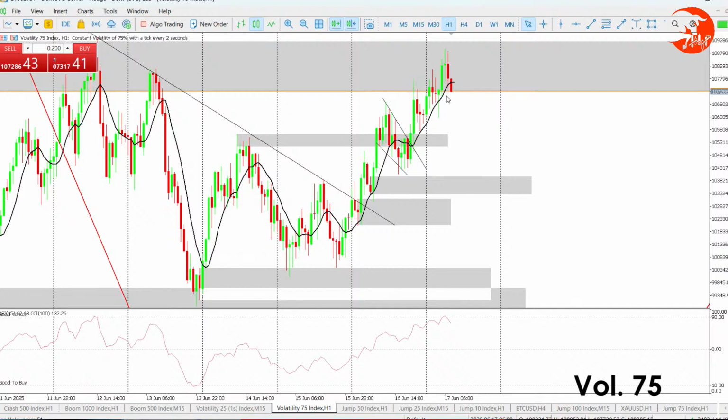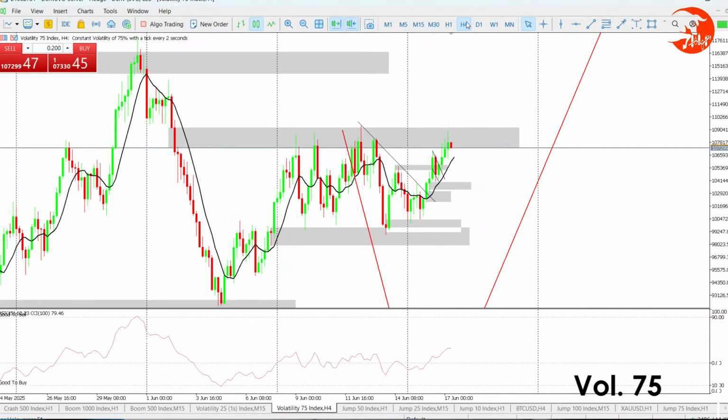So all our levels of TP were hit, and that's the reason why you're seeing we are now overbought. We are looking at sales according to H1. According to H4, we have hit the resistance. That is a strong resistance, and that's the reason why we are looking for sales again.